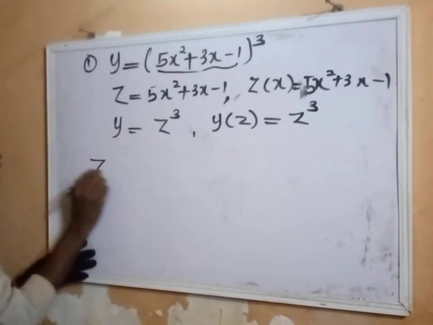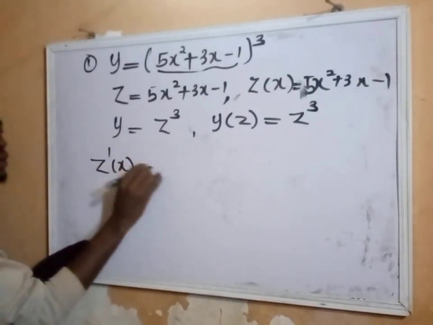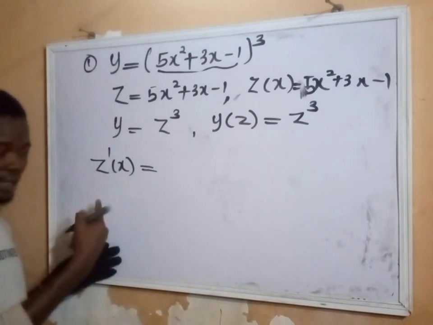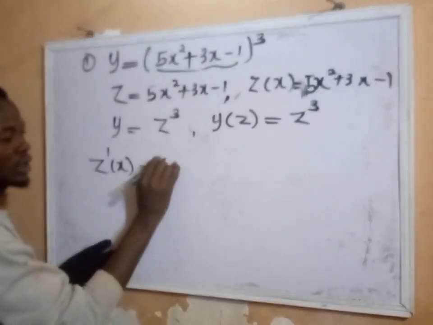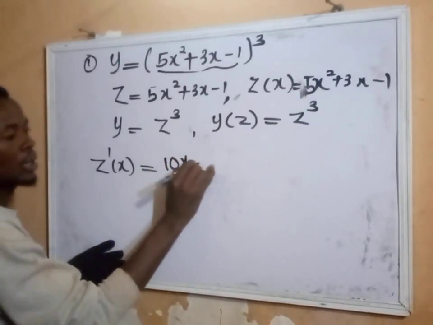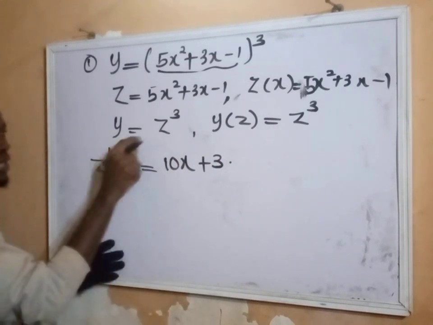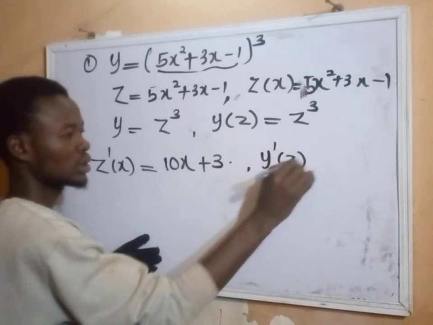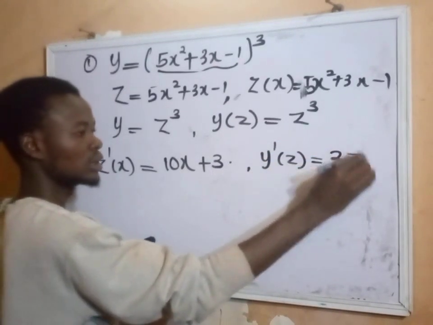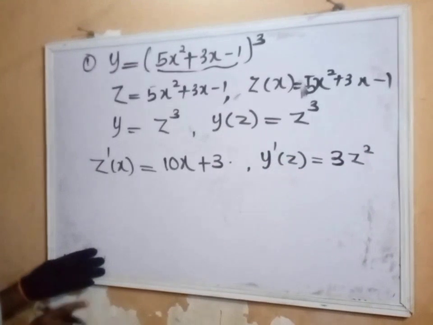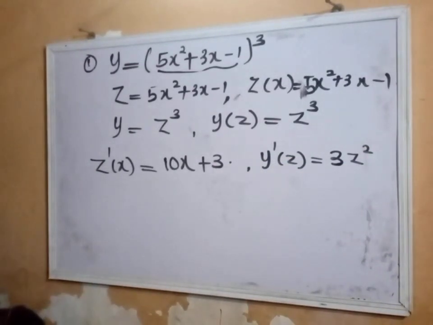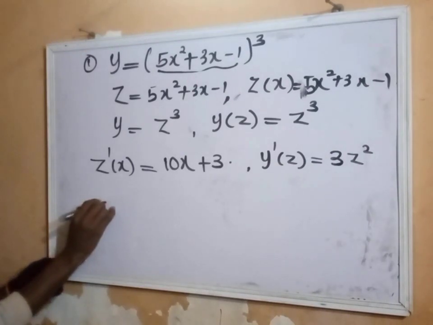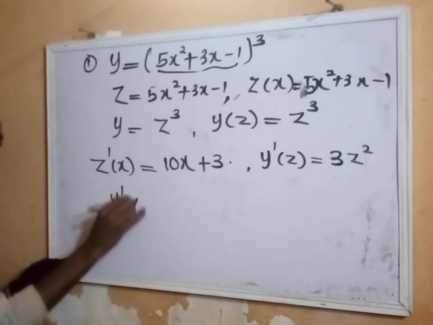The derivative of this one, z prime of x, which is dz divided by dx, equals to, let's differentiate this, 10x plus 3. By differentiating this as well, we are going to have y prime of z equals to 3z squared. Right? Now let's find the derivative of y with respect to x. So we are going to have it as y prime of x.